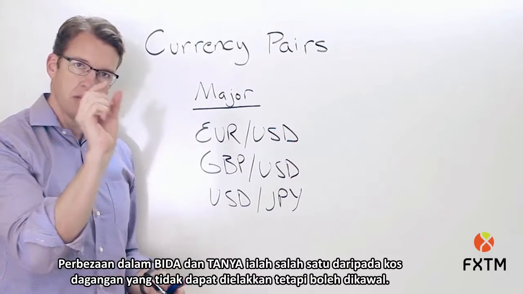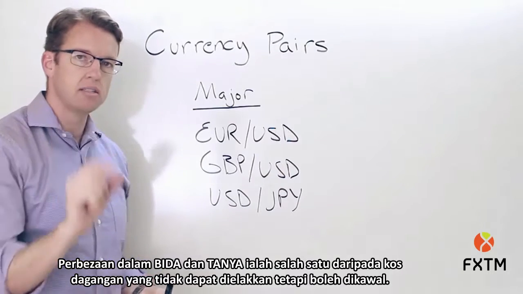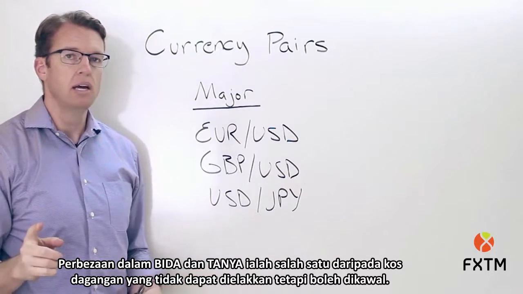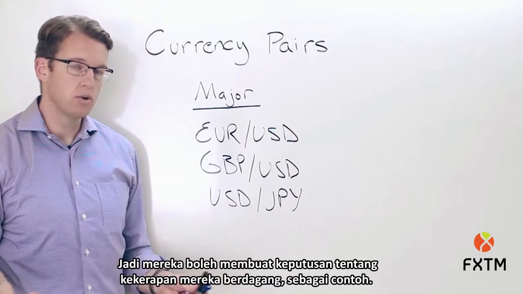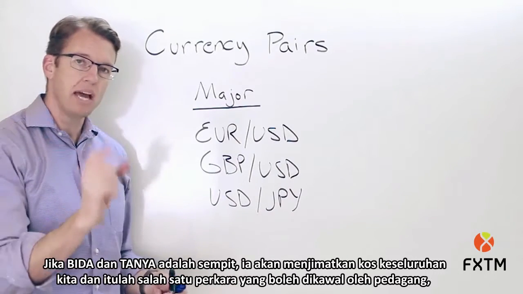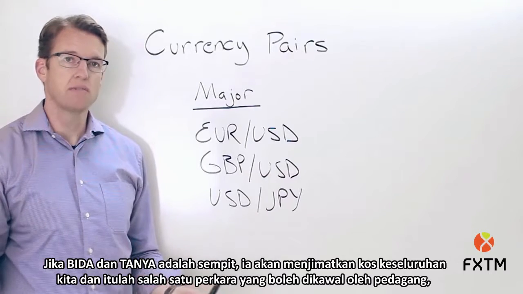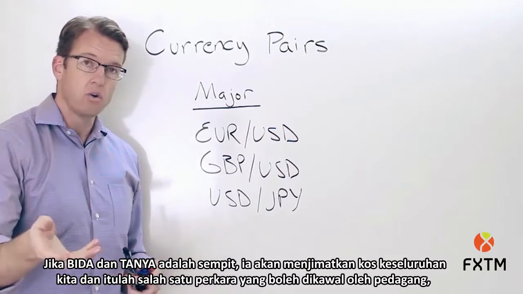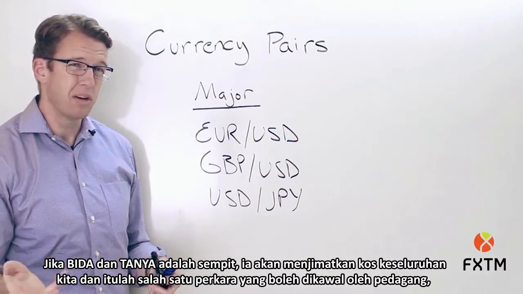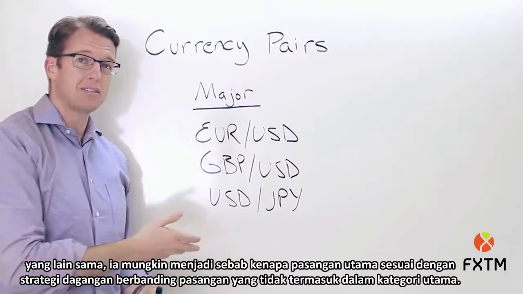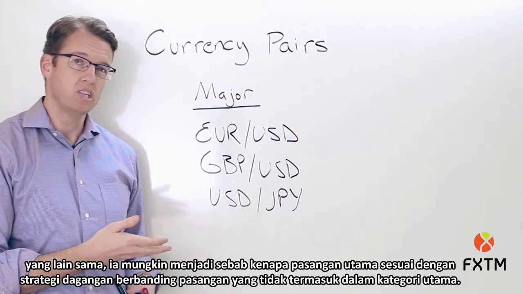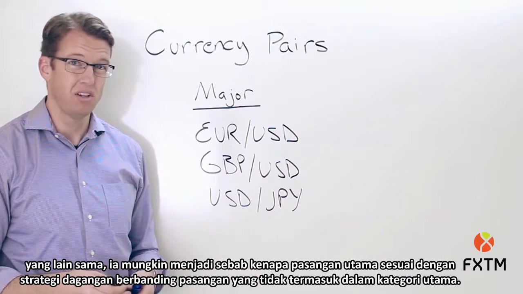The difference between the bid and the ask is one of those trading costs that we can't get away from, but that traders can control. So they can decide how often they're trading, for example. If the bid and the ask are narrow, then that's going to save us on our costs overall. And since that's one of the few things that traders can actually control, all else being equal, it may make a case for why a major pair fits a trading strategy versus one that doesn't fall into the majors category.